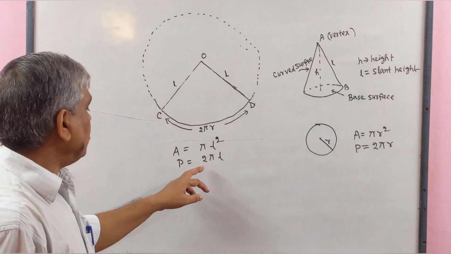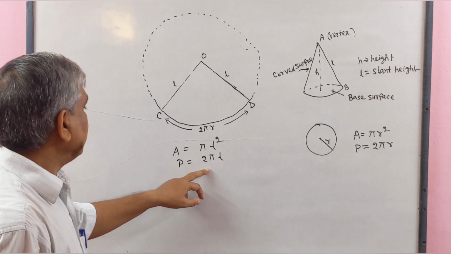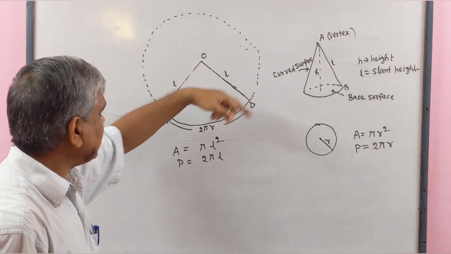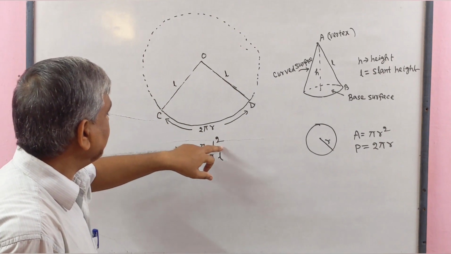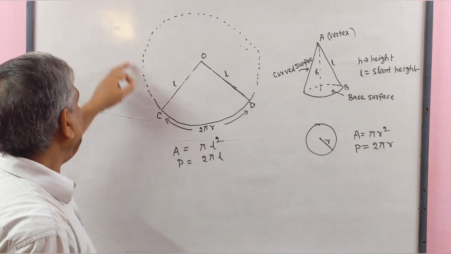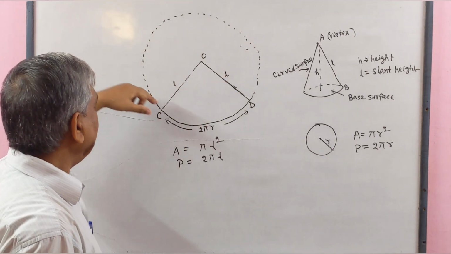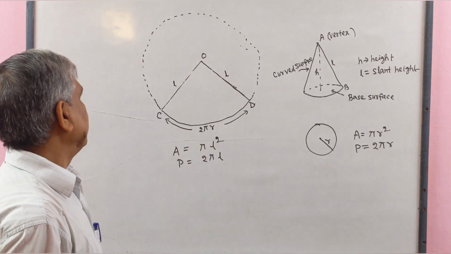Since the circumference is 2 pi L, which gives the area of this circle pi L square, the entire arc gives the area pi L square.